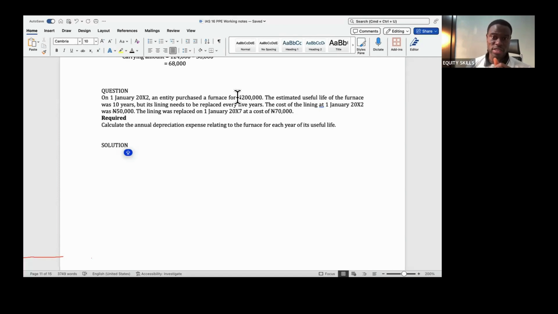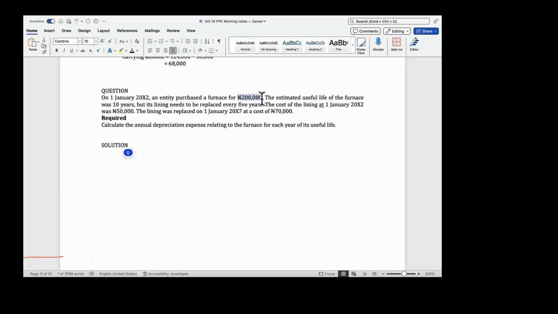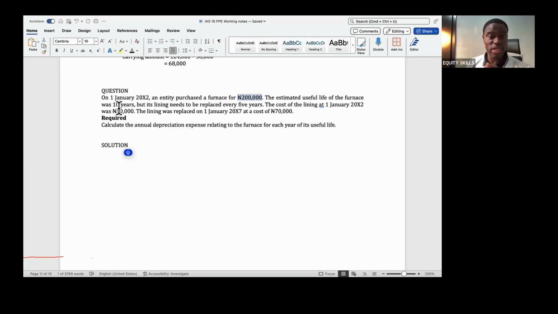So there's a furnace, right? And whatever that is, 200K. And that furnace itself has 10 years. But within that furnace, there's something called lining, which now has its own useful life of 5 years. And the cost of the lining is 50K. That means the other part of the furnace is 150K.